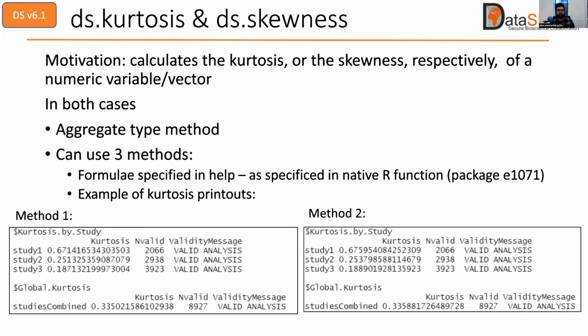The three different methods of calculating the kurtosis and skewness are included, as close as possible to the native R function, which is included in package e1071. These are two example printouts I made of the kurtosis. You've got kurtosis by study, but one of the arguments you can read in the help function is how to do combined instead of separated.